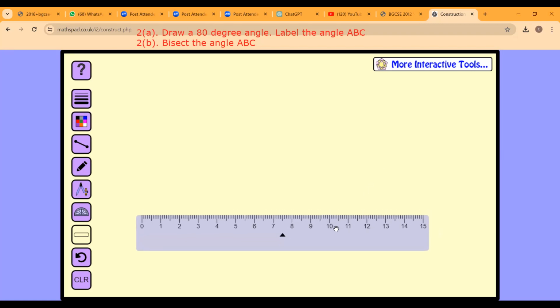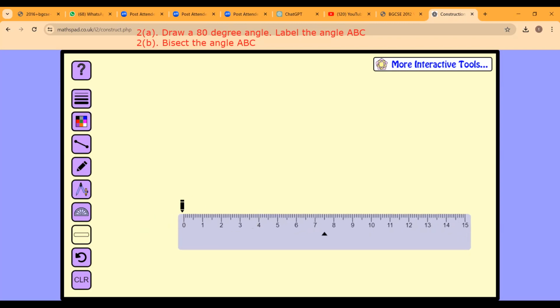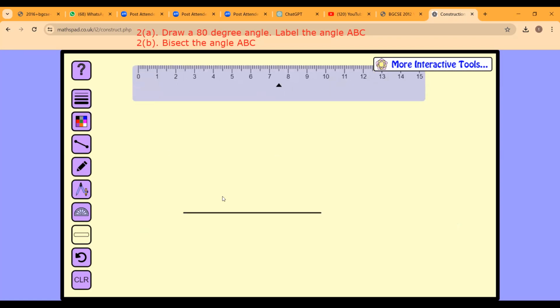All right, so let's move on to the next one. What we have to do is draw an 80-degree angle and we want to label it ABC. Let's go ahead and do this. So, all right, so an 80-degree angle. So we're gonna draw this angle. First, we're gonna draw the ray. We're gonna make it an actual ray this time. So we're gonna put an arrow on it. So we're gonna call this ray BC.